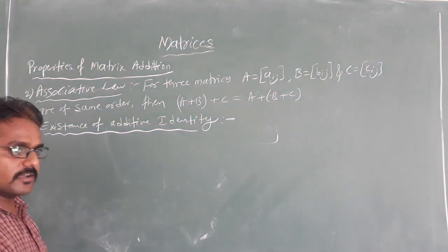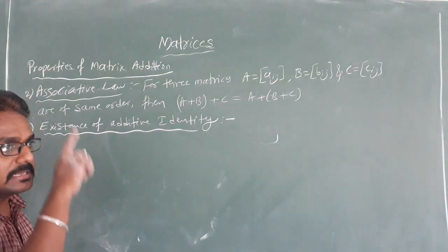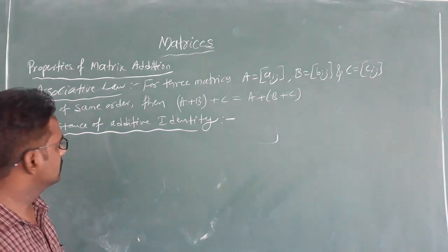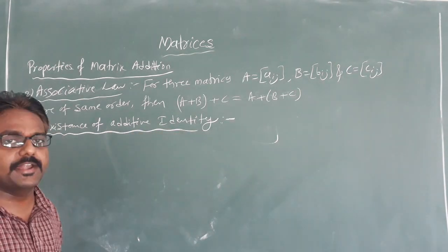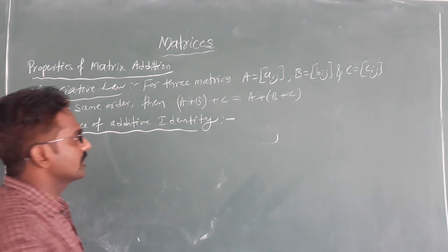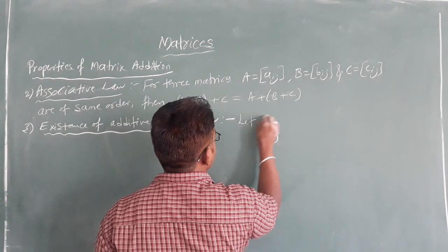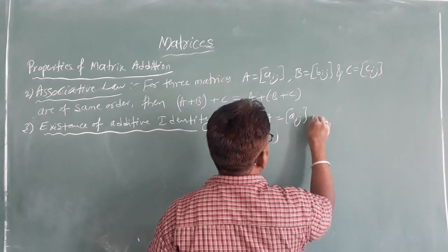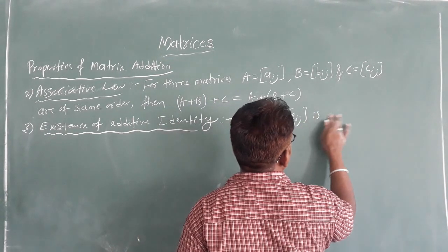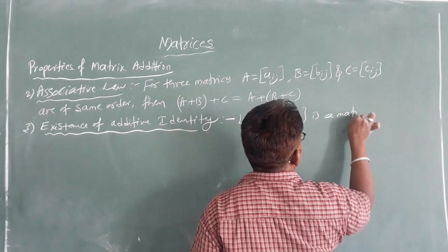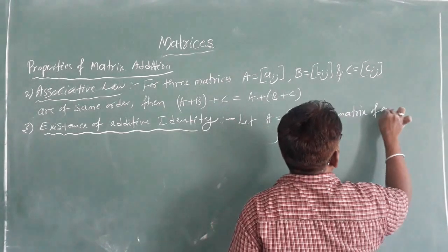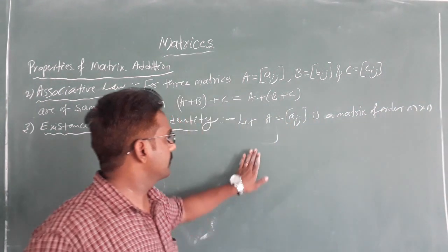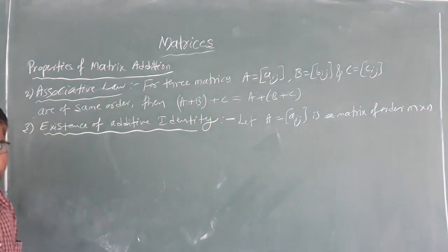Just instead of single numbers, we are using matrices, which also contain only numbers. So, existence of additive identity. Let A equals Aij be a matrix of order m by n.